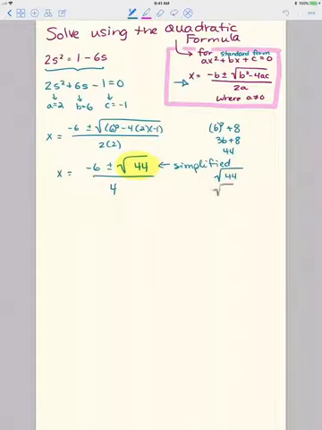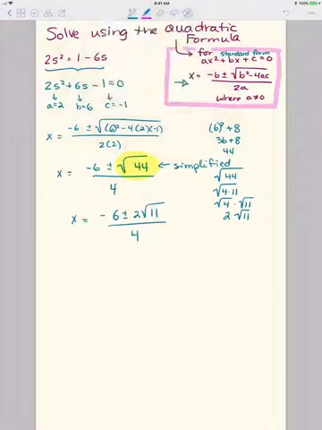But we can simplify the square root of 44. Square root of 44 will factor and break apart into square root of 4 times 11. And you can do the square root of 4 separately from the square root of 11, and that becomes 2 times the square root of 11. So the answer further simplifies into negative 6 plus or minus 2 times the square root of 11, over 4. And then back to those areas where you have to look where you can simplify.